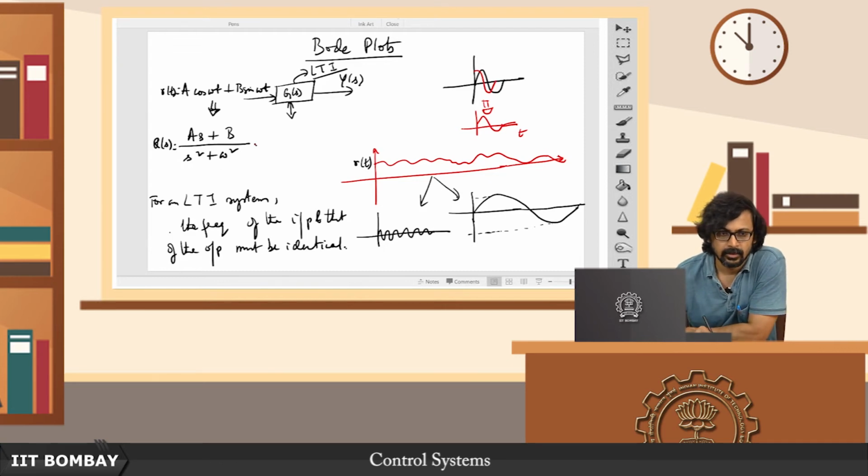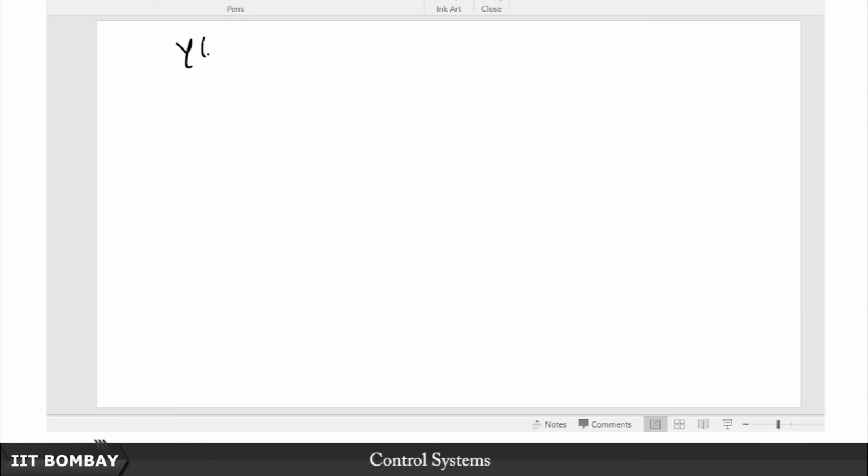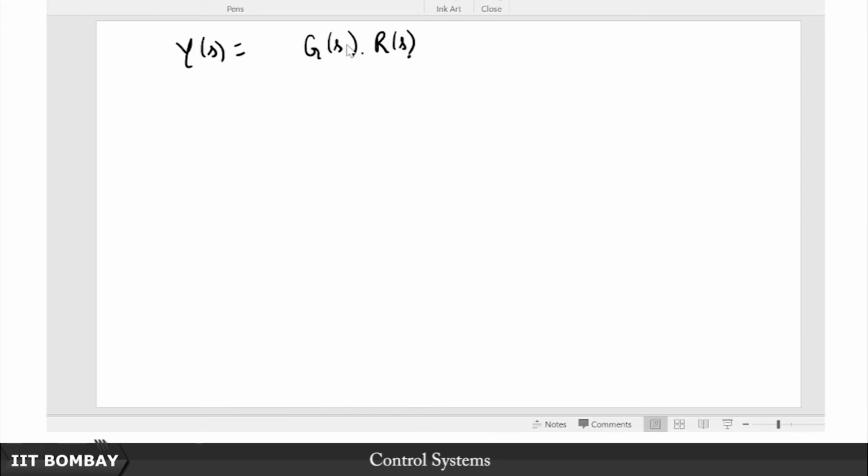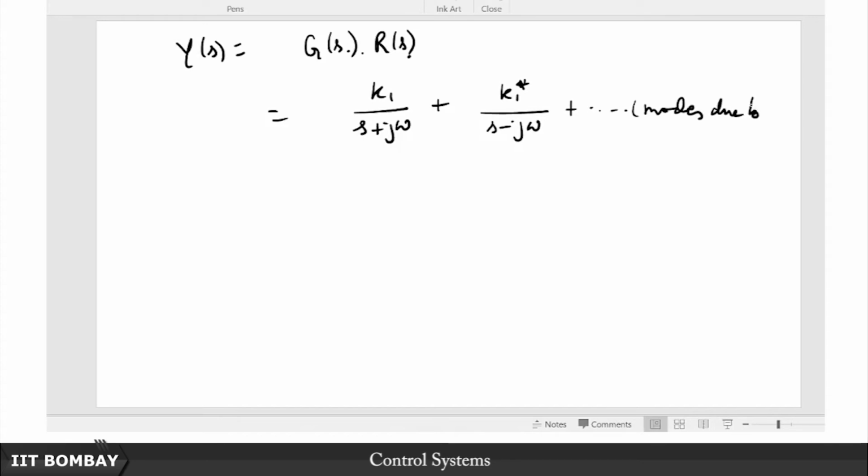Let me go to the next slide. If you now want to find out this y of s, you will see that you want to apply this multiplication g of s times r of s. Now if you expand this in partial fractions, what can this partial fraction contain? This partial fraction will contain those modes that are inherent due to the poles of g of s and those modes that are being introduced by the input, that is some terms like k1 upon s plus j omega plus k1 star upon s minus j omega, as we have seen earlier, plus these are modes due to g.